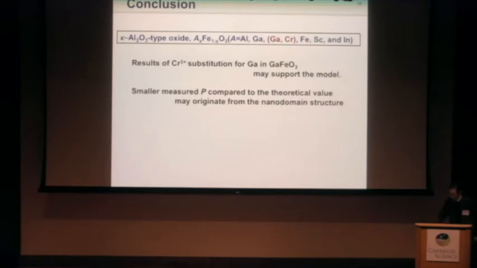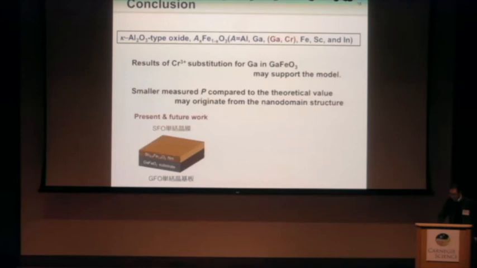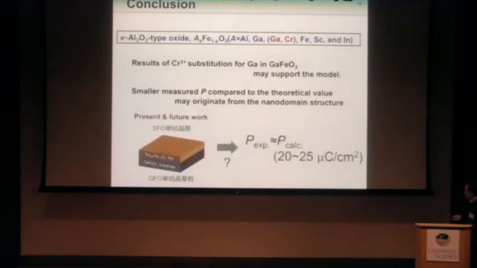We are now estimating that this is due to the nano-domain structure, and we are preparing to confirm this origin. We are preparing a complete single crystalline film on single crystal, to check the theoretical value of 20 to 25 microcoulombs per square centimeter. Thank you for your attention.